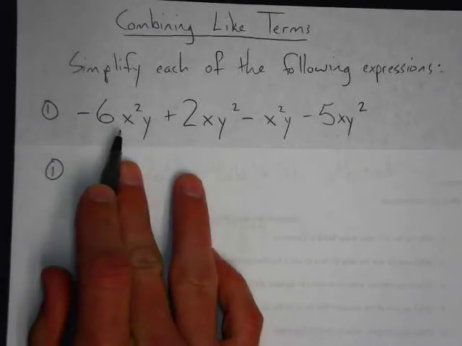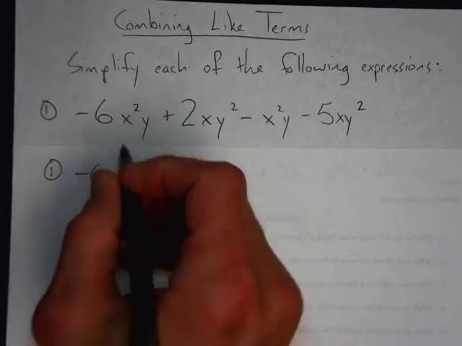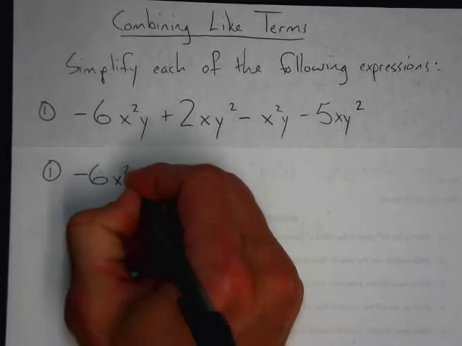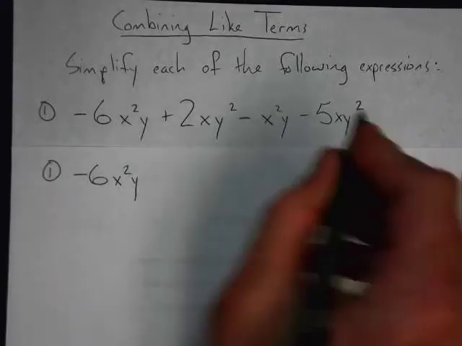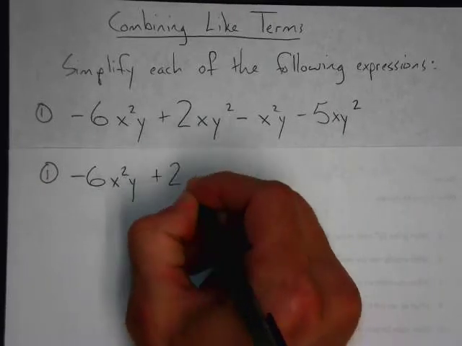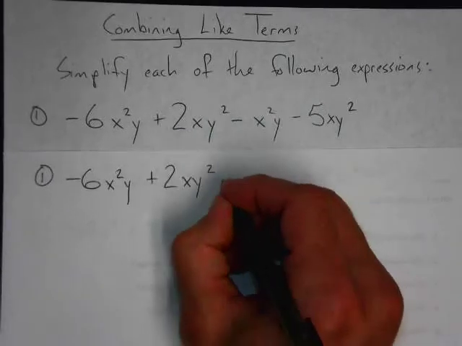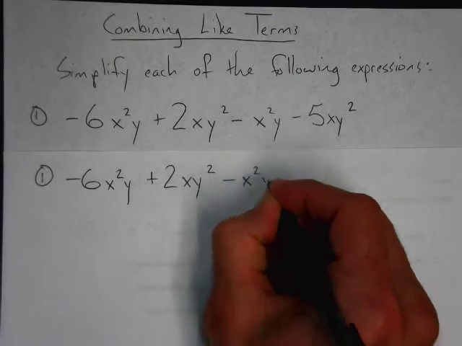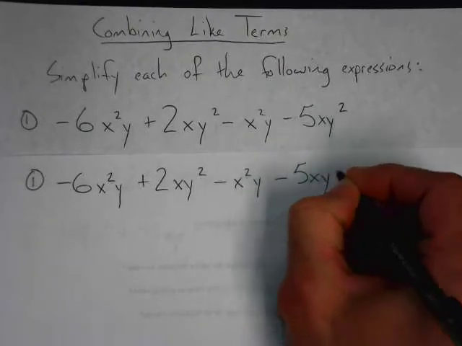Okay, so this first term is -6. That's how many x squared y's there are. Okay, so there's -6 x squared y's. We're going to add 2 xy squareds. We're going to subtract an x squared y, and then we're going to subtract 5 xy squareds.